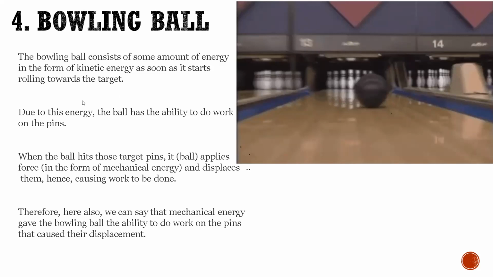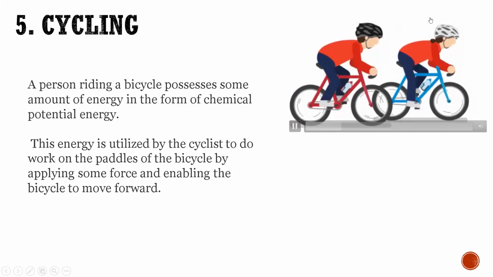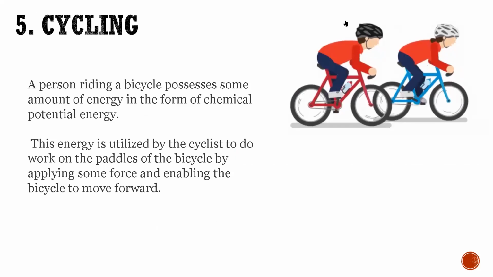Now let's talk about the last example here, which is cycling. Here we are going to talk about chemical potential energy, which, as we said, is an example of potential energy.